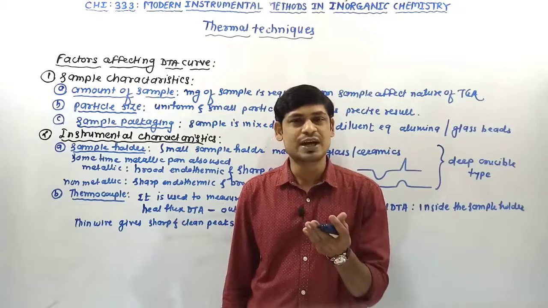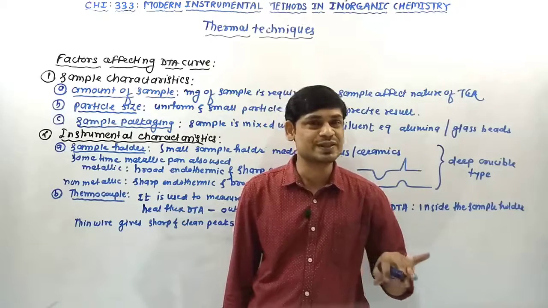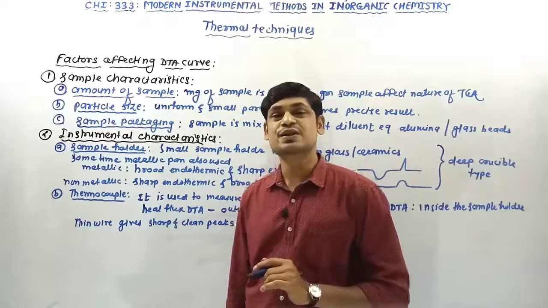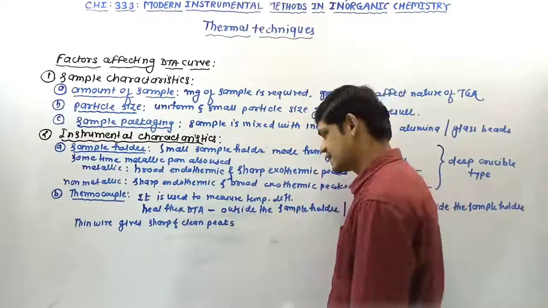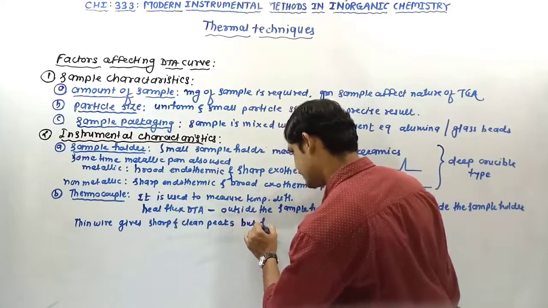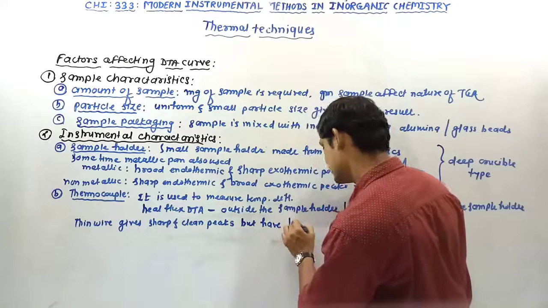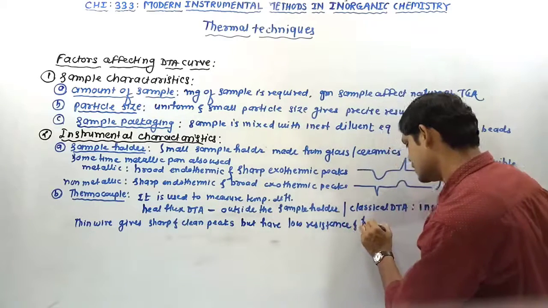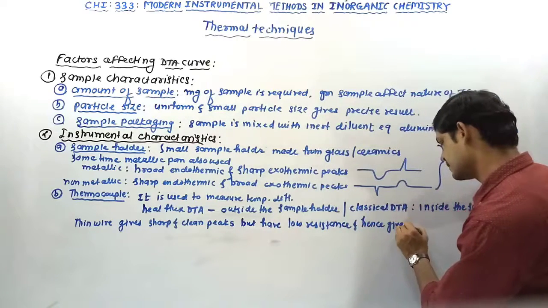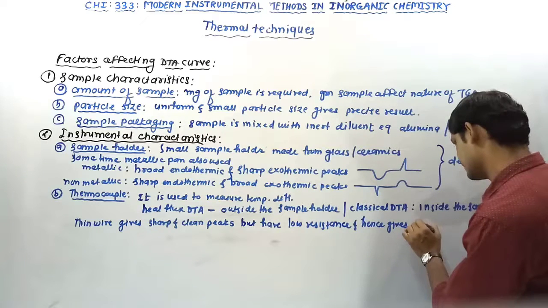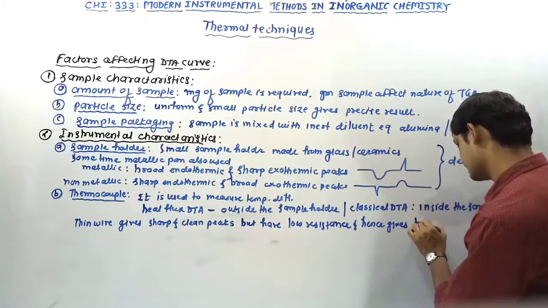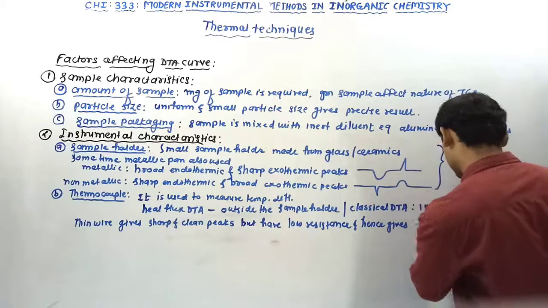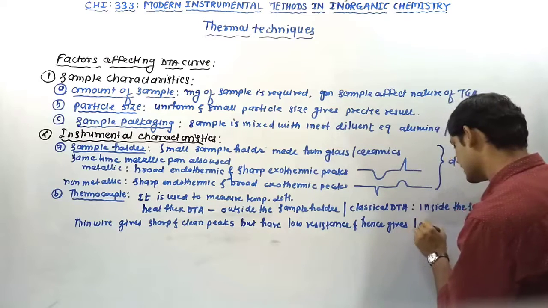It will have a low resistance towards the temperature, and therefore it affects the shape and size of the DTA peaks, and hence gives a less accurate result.